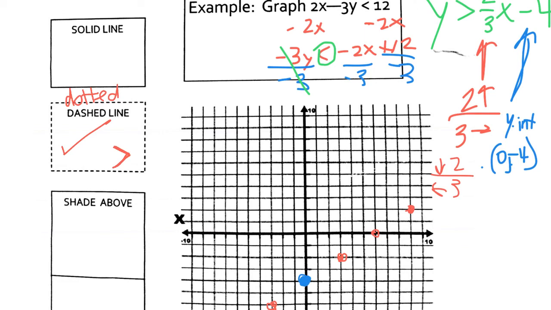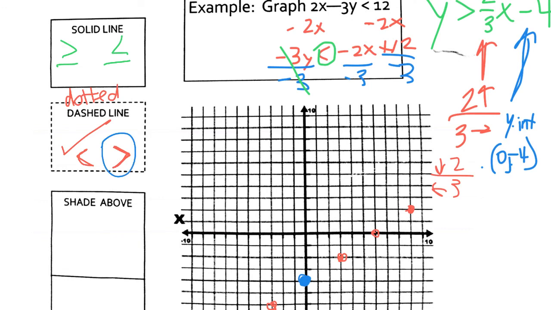Remember, our solid line is going to be greater than or equal to, or less than or equal to. A dashed line is just the strict inequalities.